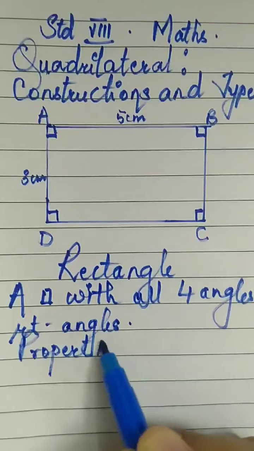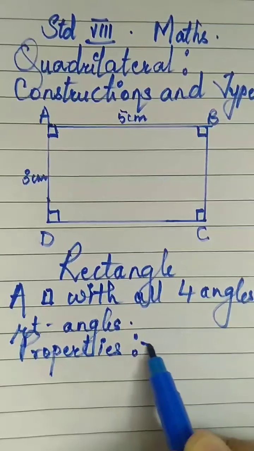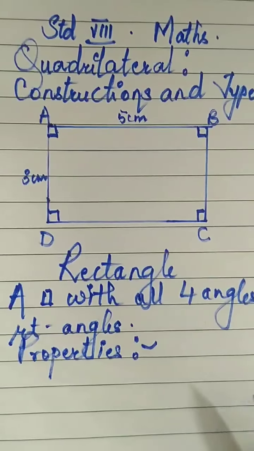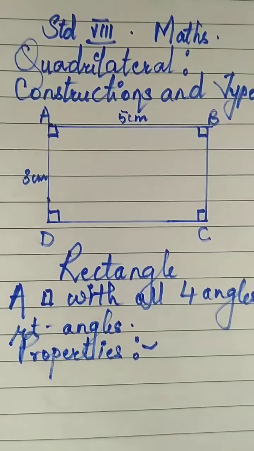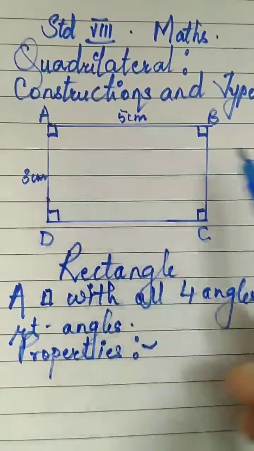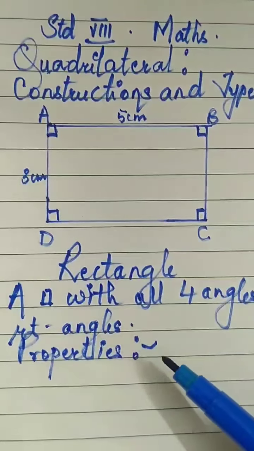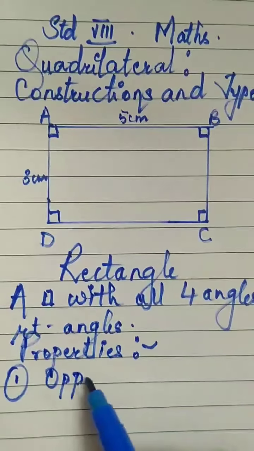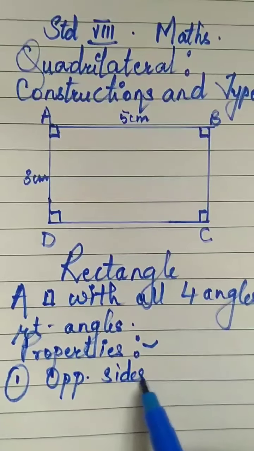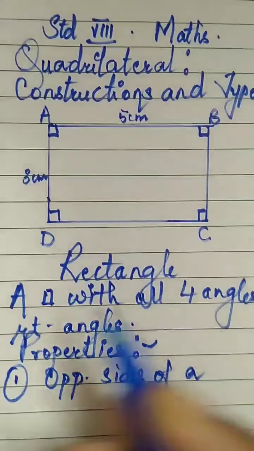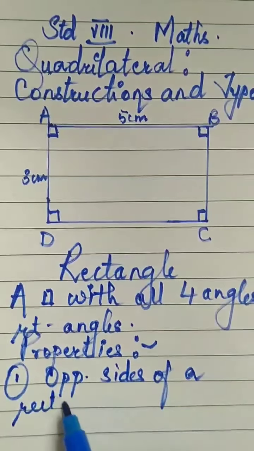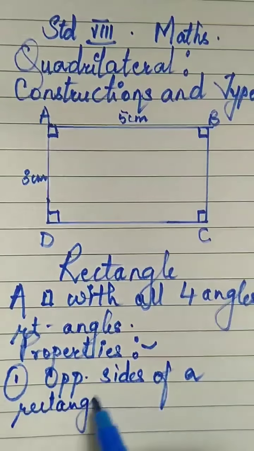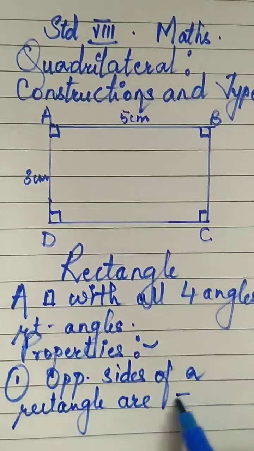Okay children, next let us talk about the properties. The properties we know are: opposite sides of a rectangle are congruent. Yes, that is correct. So you have to write the first property as opposite sides of a rectangle are congruent.